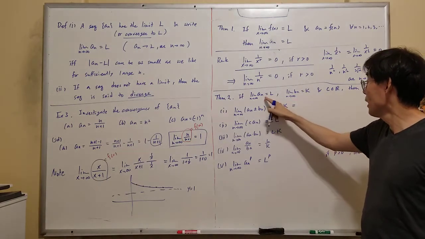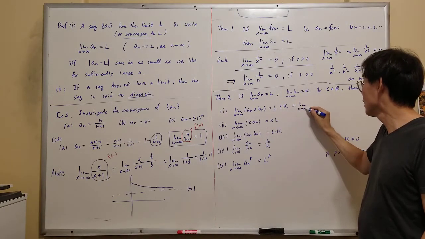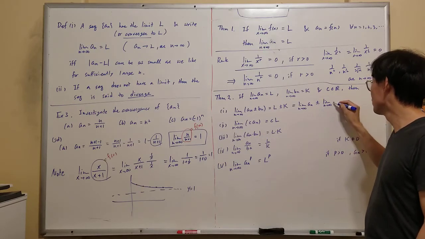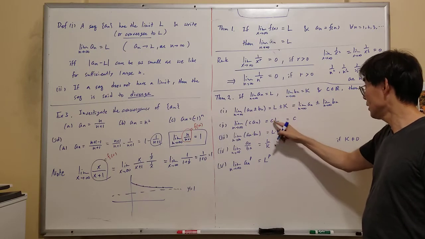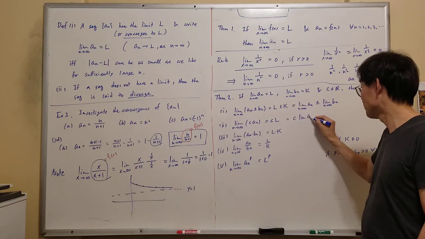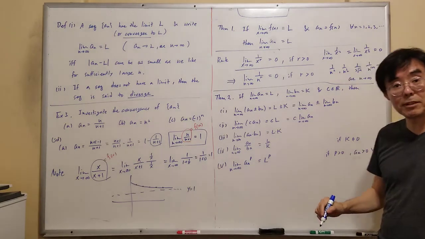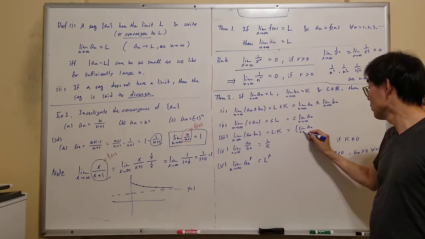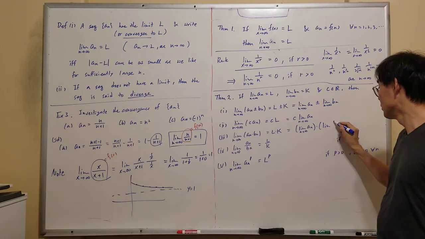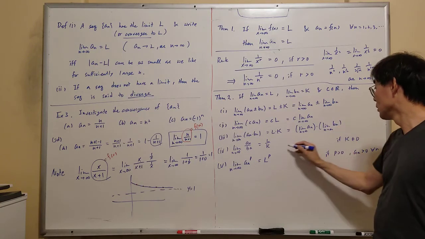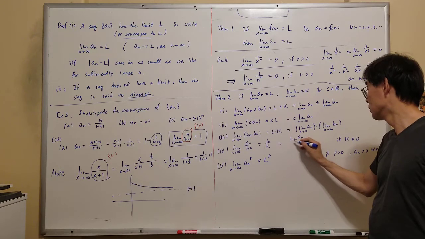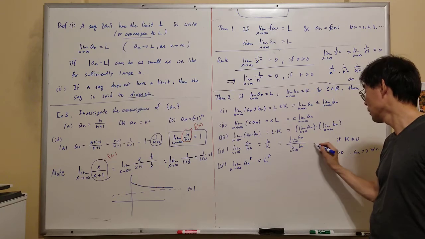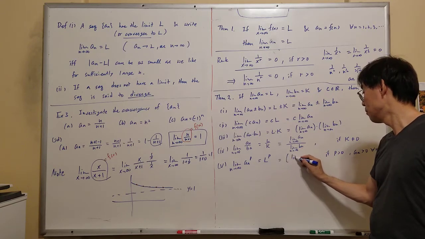Now if you rewrite it, what can you say? You can split the limit operation over addition and subtraction. Constant c times L, which is the limit of a_n: a constant multiple can be taken out of the limit operation. And your limit operation also can be split over multiplication, or division, or even a power function.